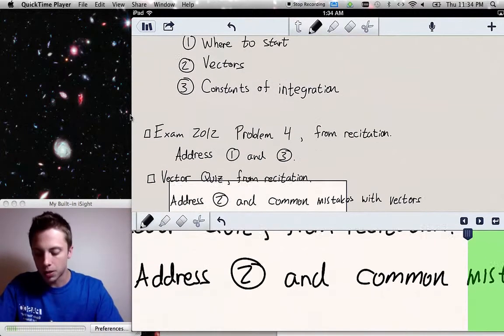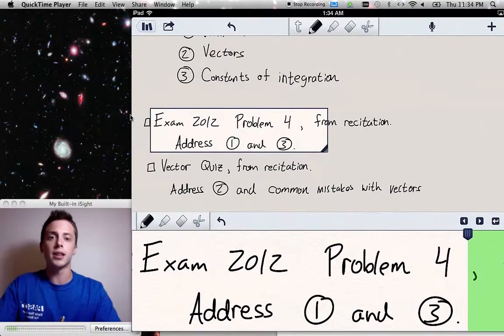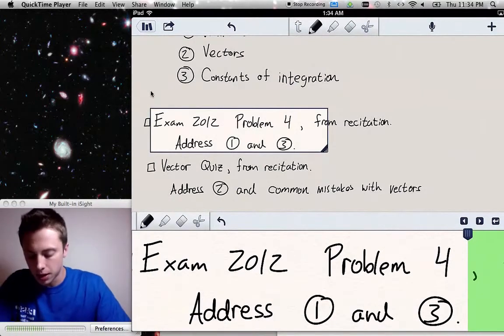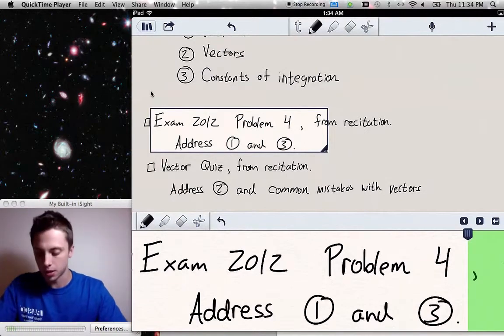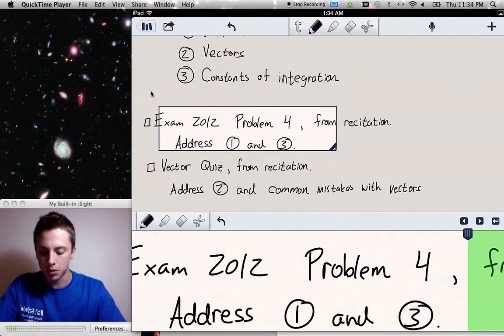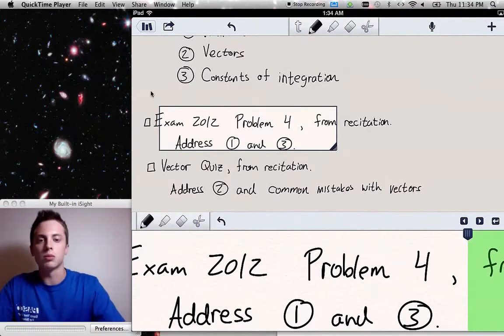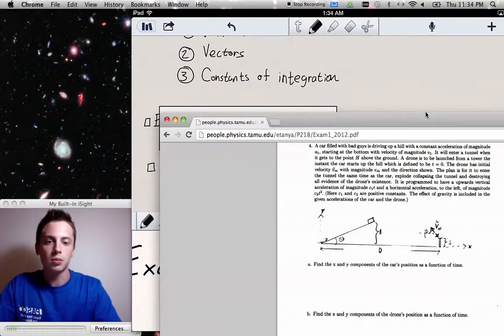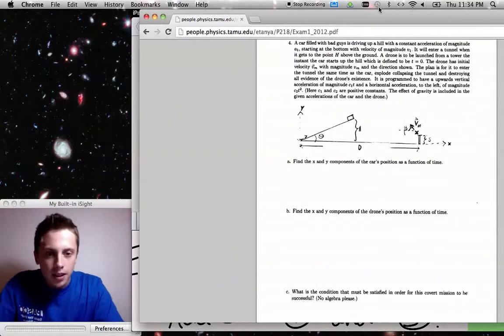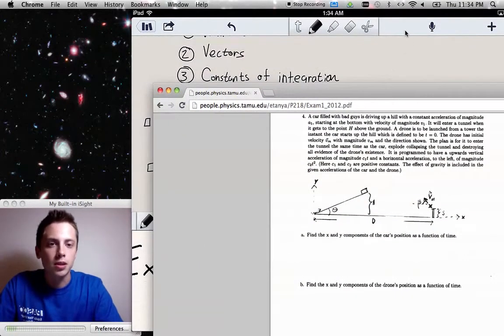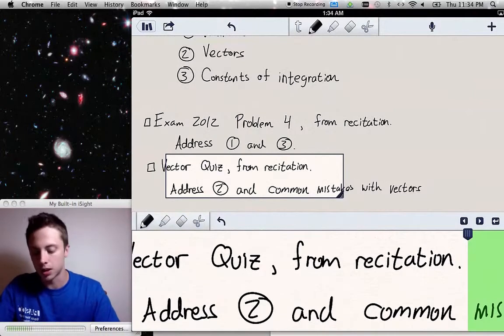So I picked two problems to look at to go over these things. The two problems are the problems we looked at in recitation. Exam 1 2012, problem 4, and the vector quiz we did in recitation.